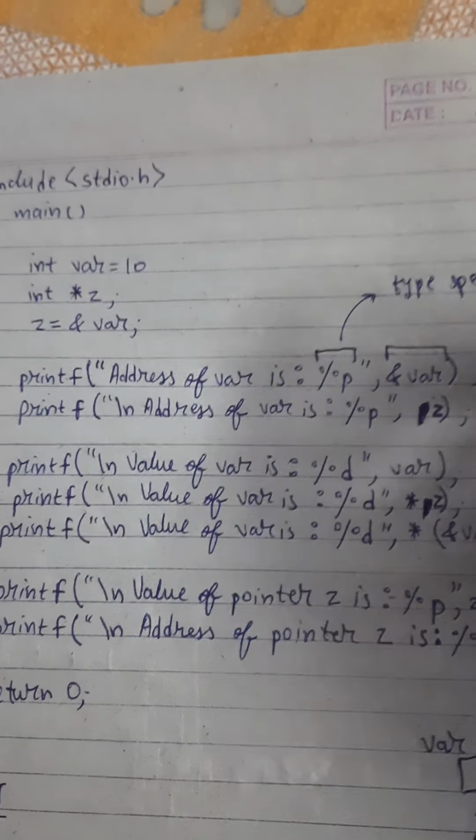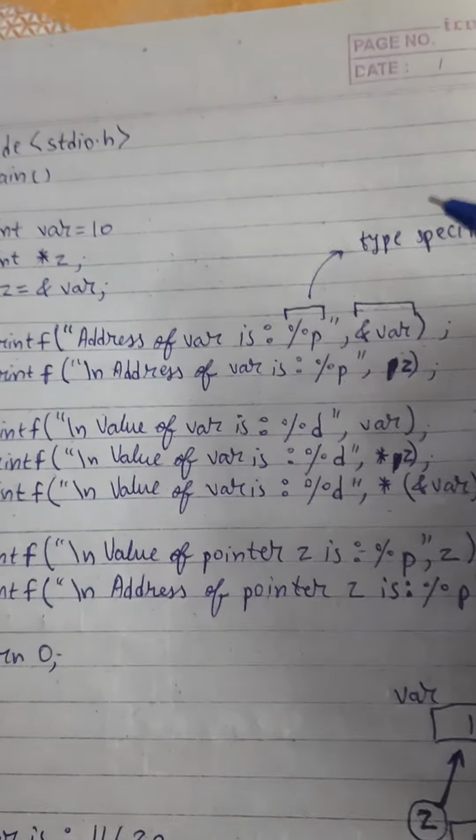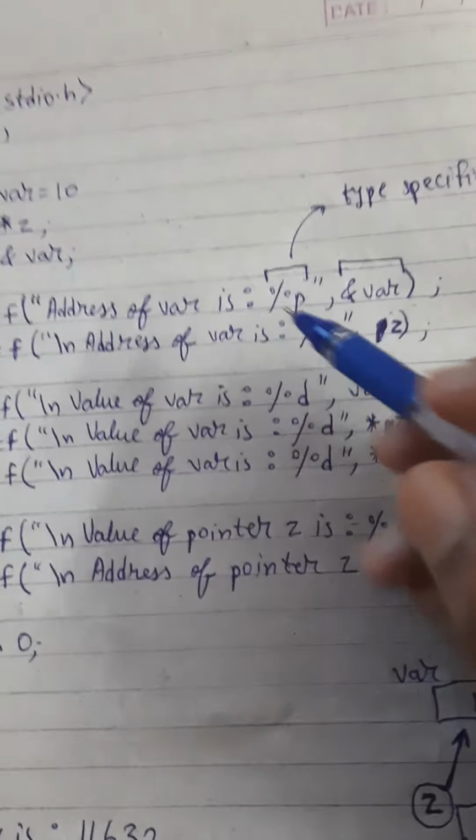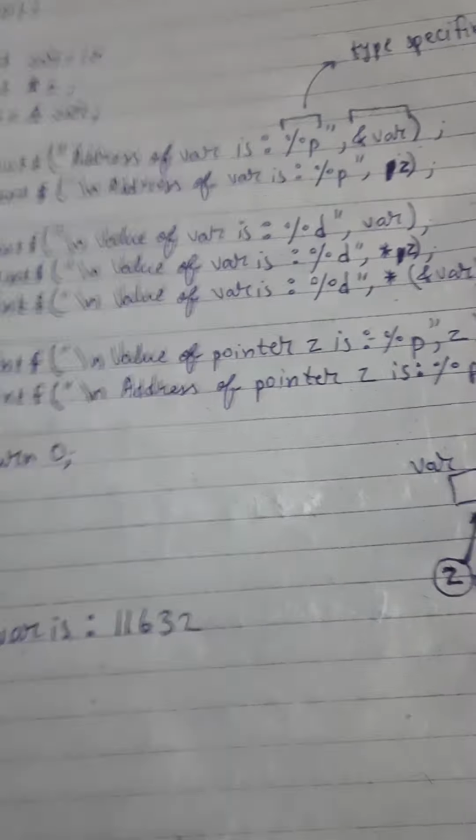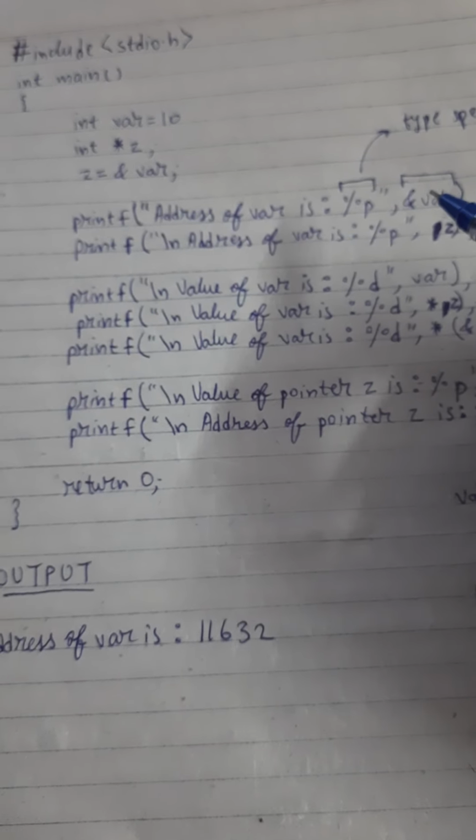You can even write it as %u, like I mentioned in the previous video. In this case it's %p. Both are applicable, but try with %p, that would be helpful enough.